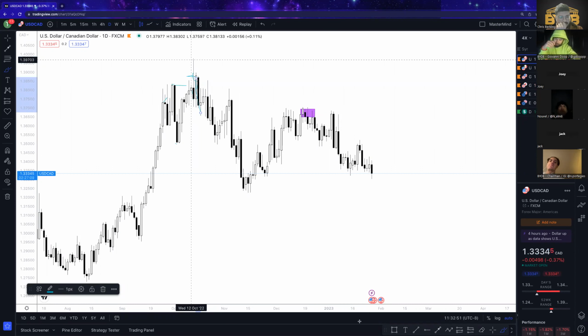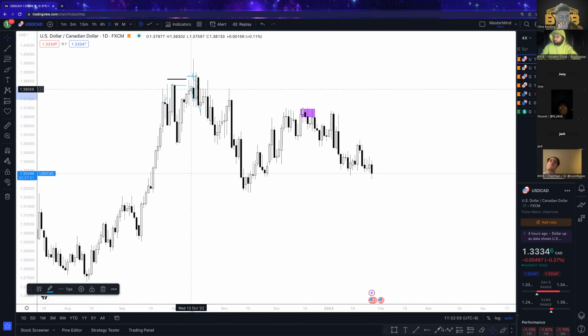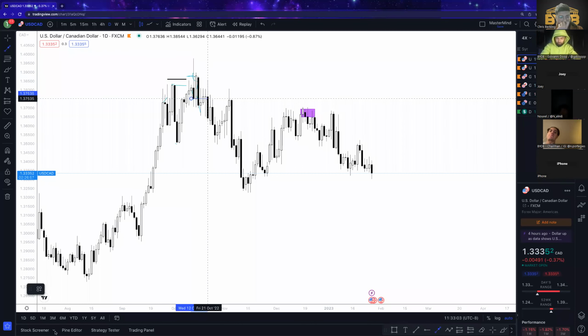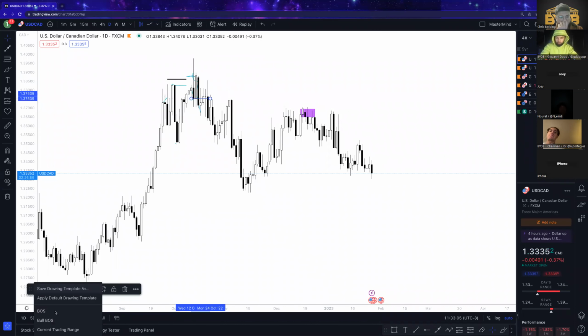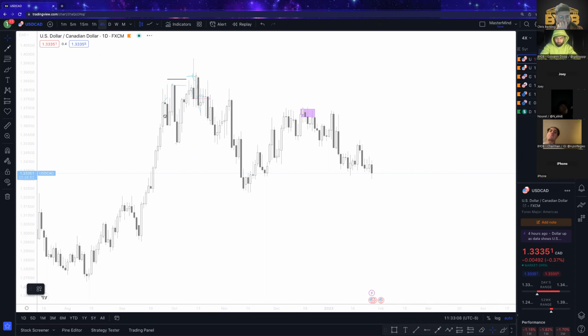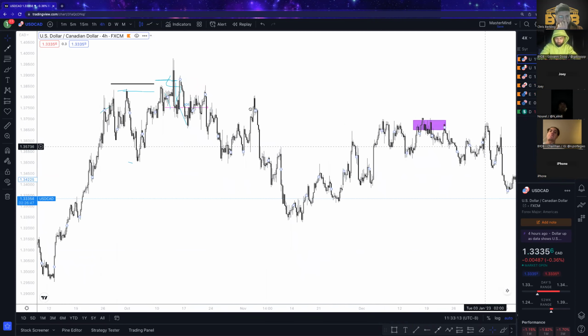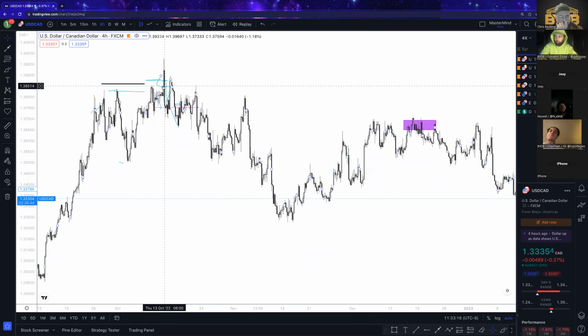After liquidity swept, my 3 things I like to look for: liquidity swept, break of structure, and imbalance left behind. On the 4 hour in this area we do not see imbalance.